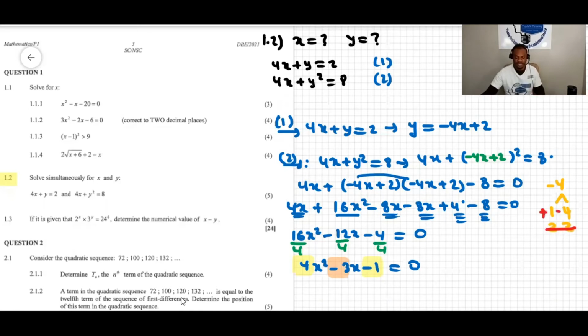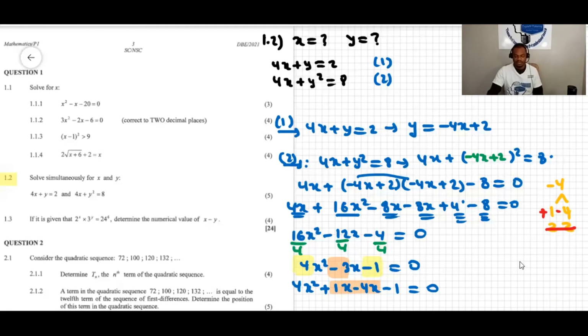So instead of writing negative 3x, we write 4x squared plus 1x minus 4x minus 1 equal to 0, because plus 1x and minus 4x together just make negative 3x.